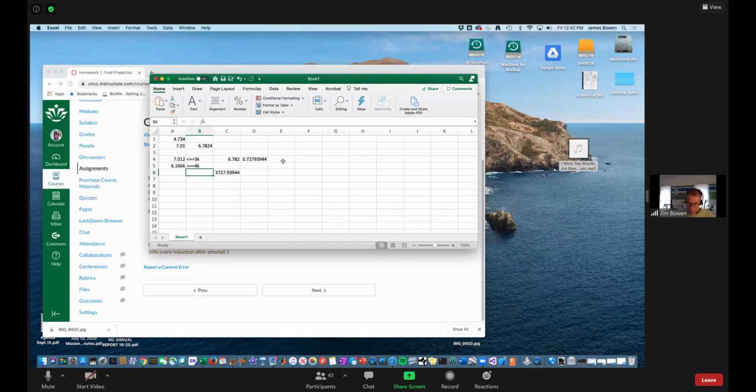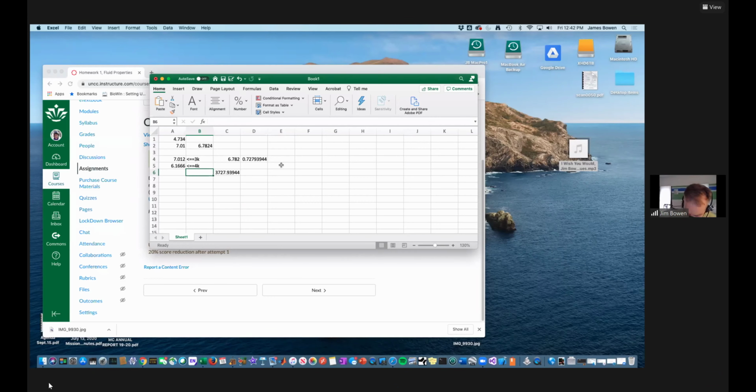It gets much more complicated if we have to go to nonlinear interpolation, because then you need to use multiple points or find an equation.